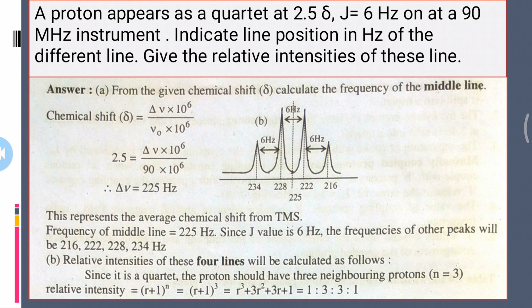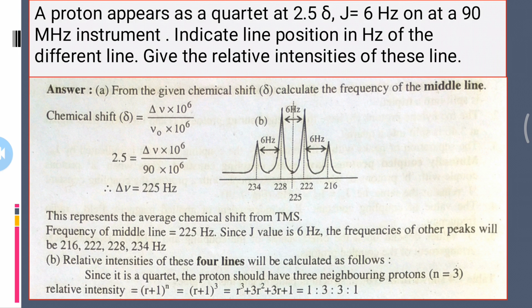Then put in the values: the chemical shift is given as 2.5, equal to frequency into 10 raised to 6 divided by the applied frequency. Here the applied frequency is a 90 megahertz instrument, so the frequency is equal to 225 hertz.